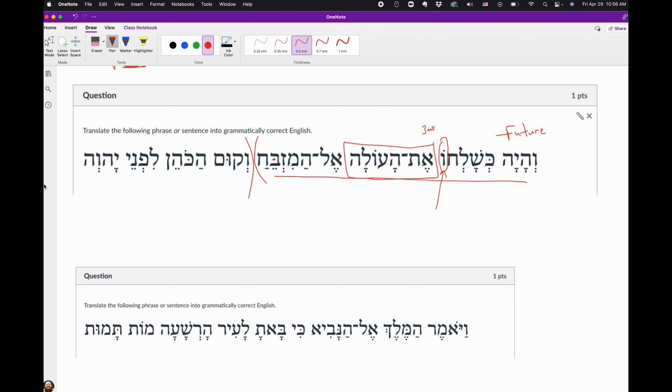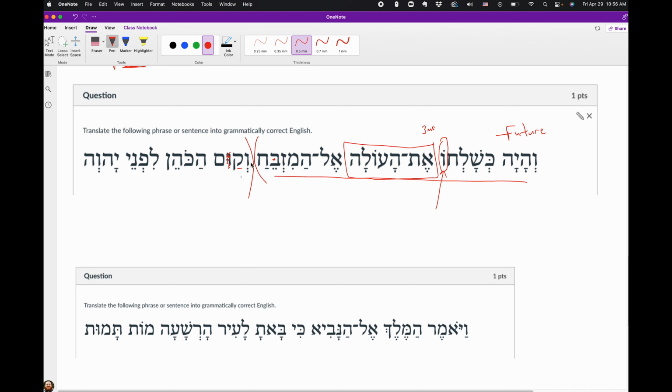All right, so we start our new clause over here with the vekum. Now, vekum is either a vav conjunction on an infinitive, or it's a vav relative on what is supposed to be a perfect. If this is a perfect, we shouldn't have the shurek, we should have a patach here, the kam.